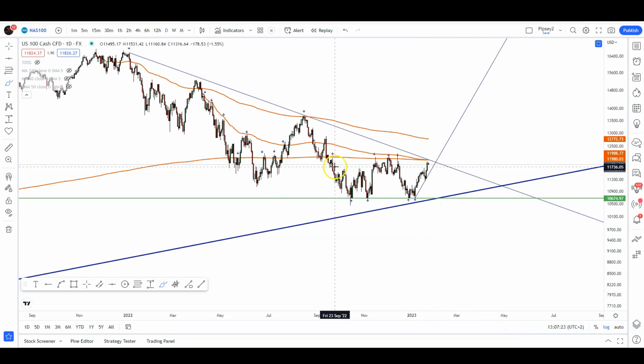But if it doesn't, this formation could also be a shoulder, neckline, triple head, neckline, shoulder. Here's the neckline.